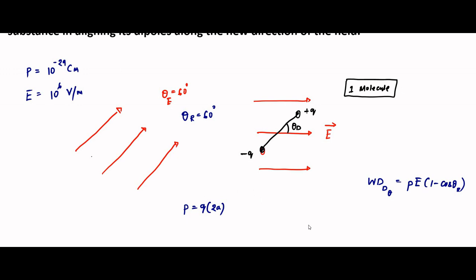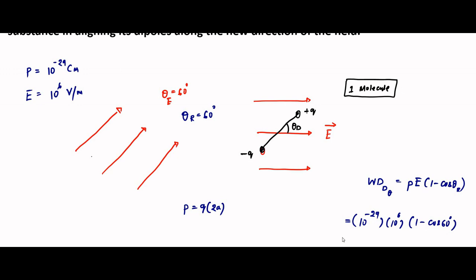So for one single molecule, the work done is equal to 10 to the power minus 29 into 10 to the power 6 into 1 minus cos 60 degree.